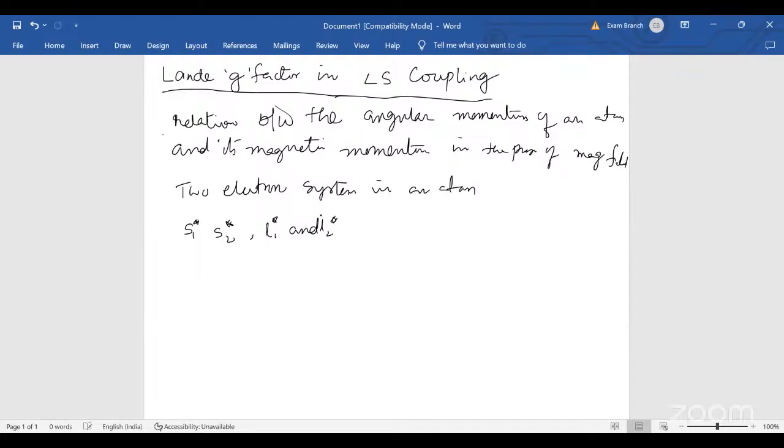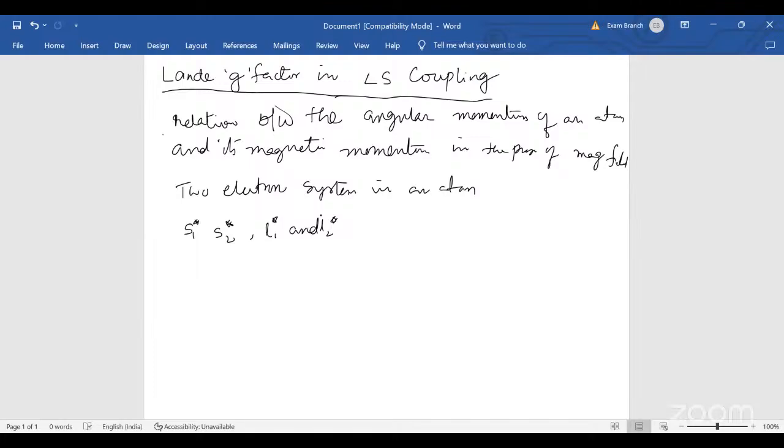You know that L1 and L2 come from the orbital magnetic moments due to the two electrons, and similarly we have the spin motion of the electrons, due to which we have S1 and S2. So these four magnetic mechanical moments will be there.